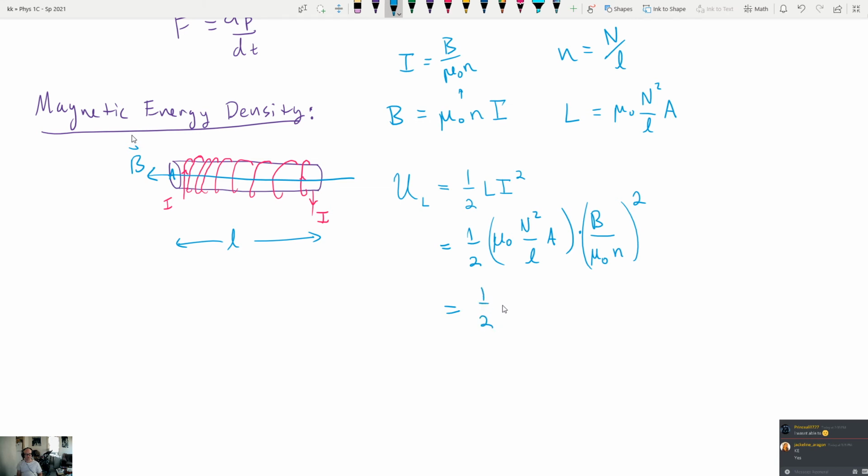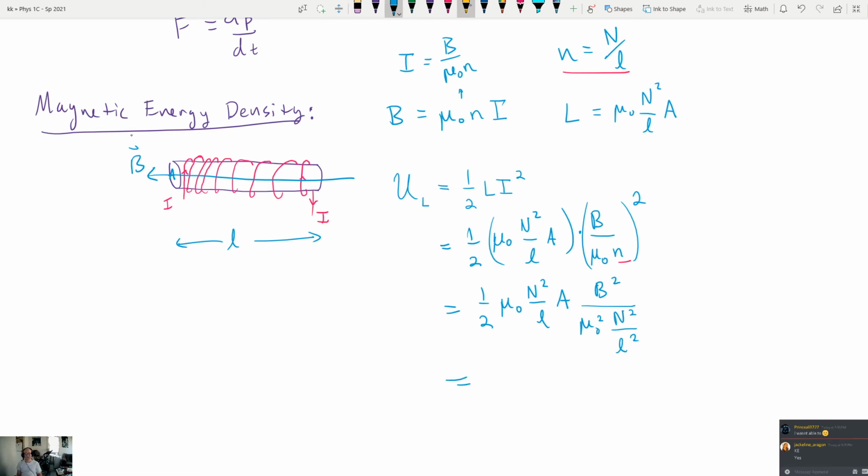And now if we multiply all this out, this whole thing is going to become B squared divided by mu naught squared. And now I'll replace n here. So this is what we're going to replace right here. So it's going to become n squared, which will be big N squared divided by L squared.